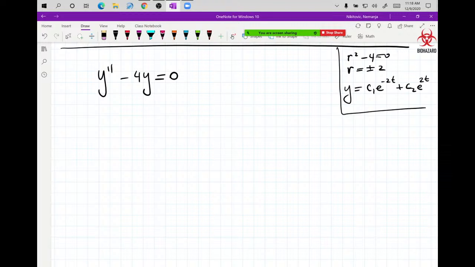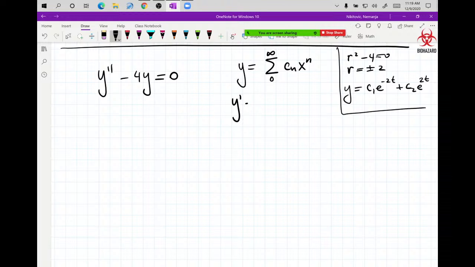So what you need to do now is learn how to do this problem using power series, and then we can compare the two solutions at the end. Now, how does that work? Well, if you remember the last class, we said that we're going to assume the solution y equals the sum of c_n x to the n, starting at 0 and going to infinity.